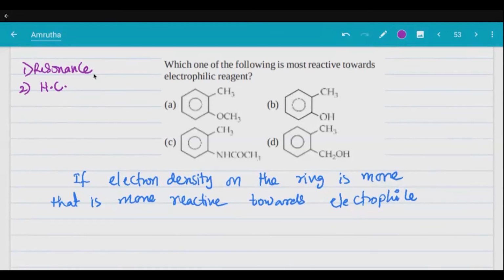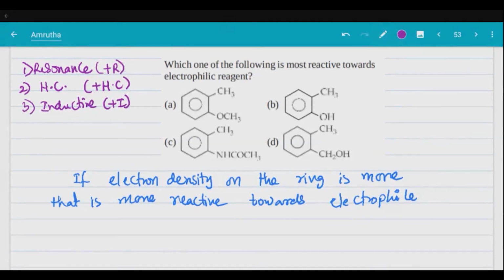Resonance plus R increases reactivity, and hyperconjugation also increases reactivity. Then the inductive effect, plus I. Hyperconjugation is always releasing, so these plus effects increase electron density. That's how they are more reactive.